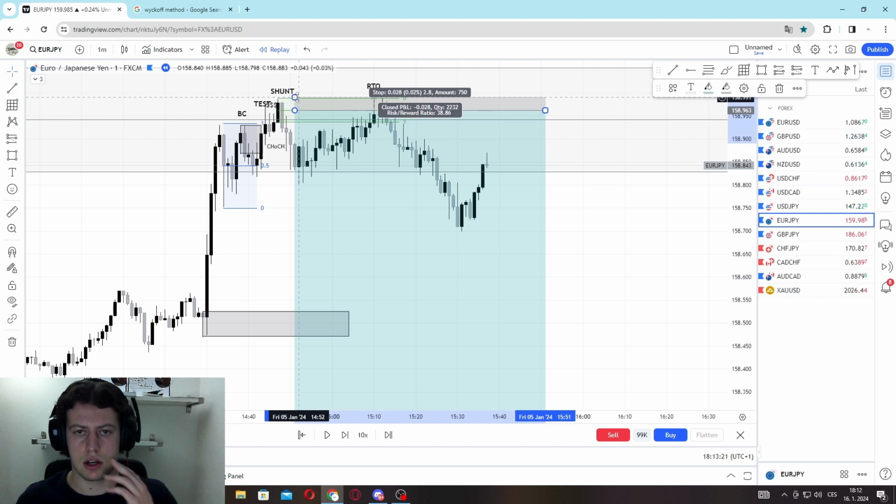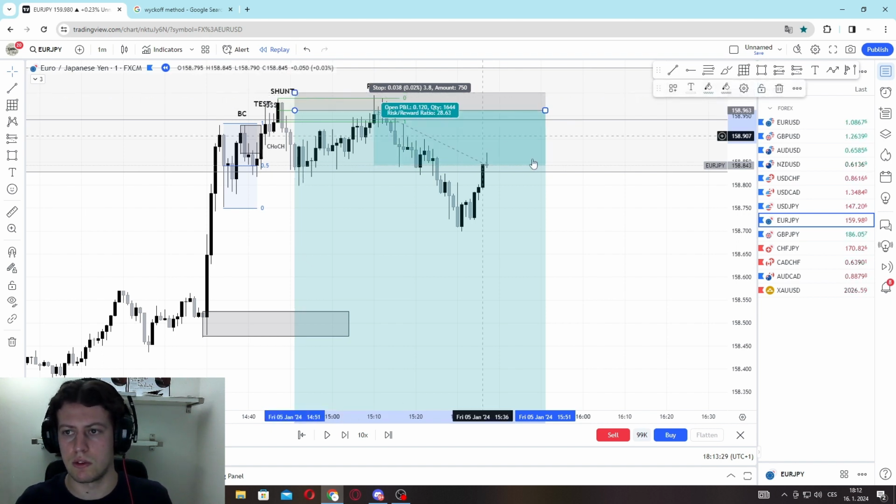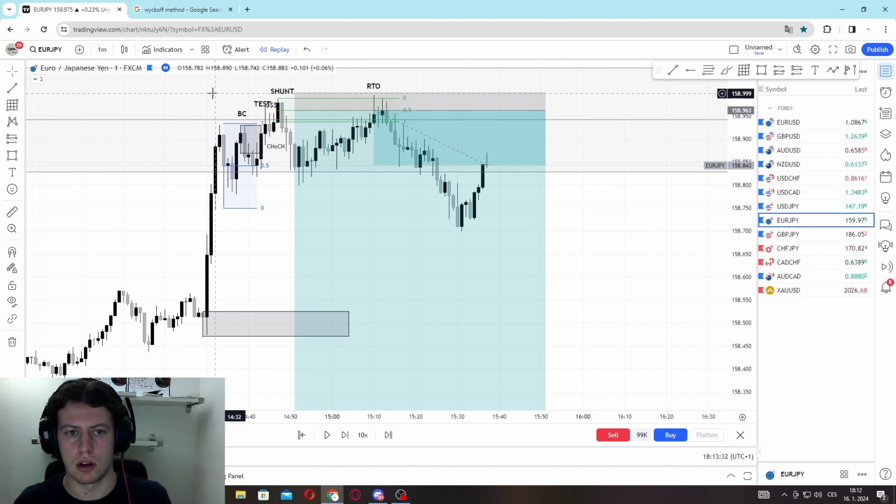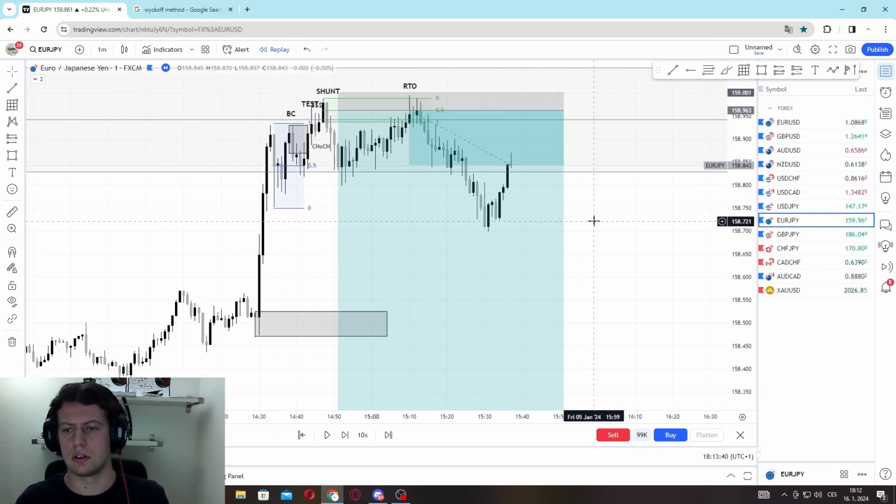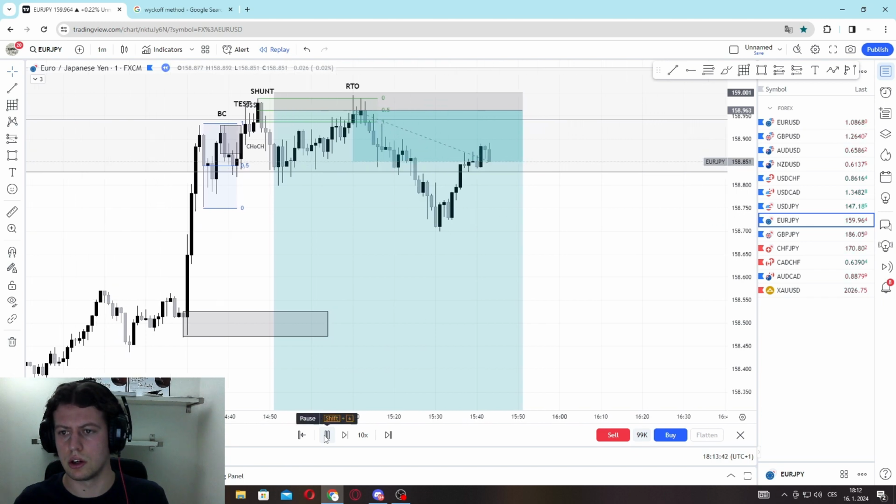But as I told you, due to the spreads on your broker, I just recommend to have some breathing room. We have this line, I really like this line, so I just put it here. You have a 3.8 pip stop loss, and you are going.